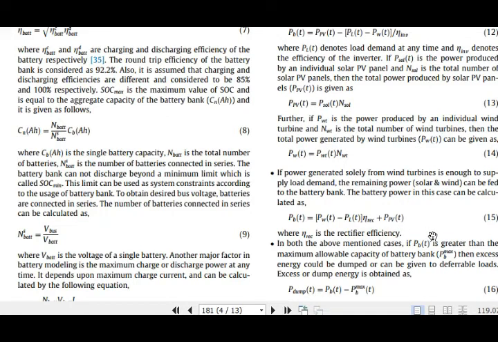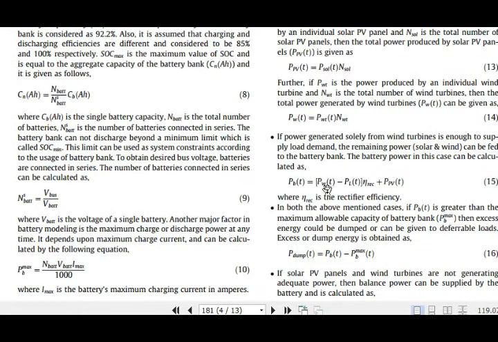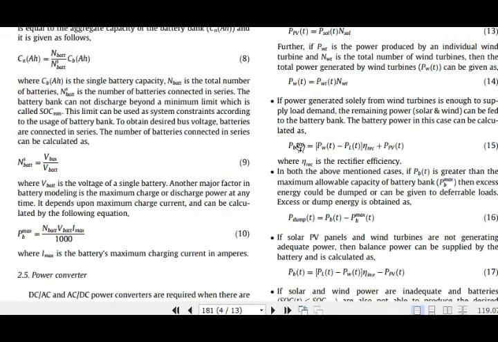In case the wind alone is sufficient, meaning the wind energy is more than the load, the energy provided to the battery will be the wind minus the load after passing through the rectifier, added to the PV. Again we will measure the SOC of the battery. If it is more than the upper limit, it will be a deferrable load, or it will be dumped.